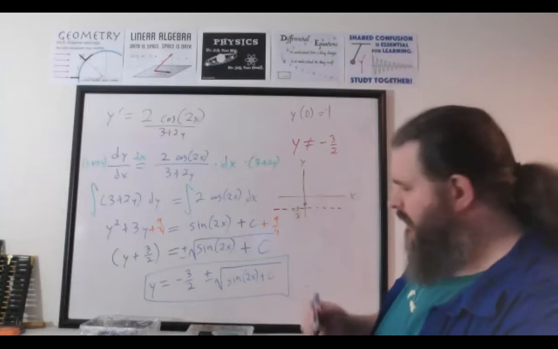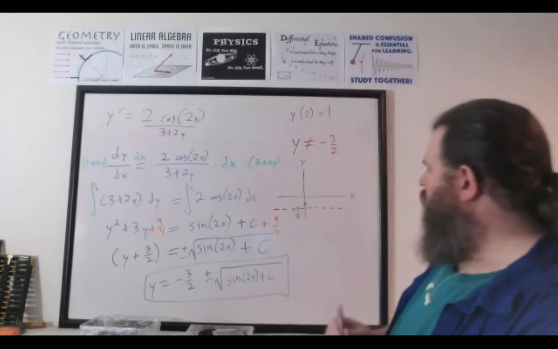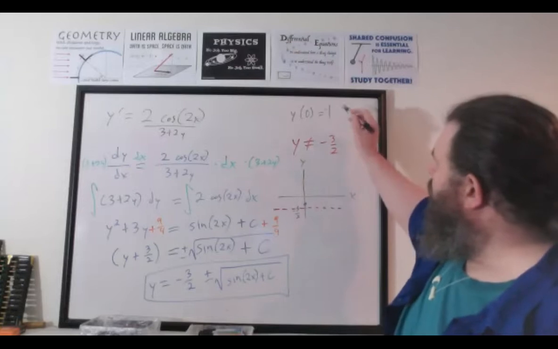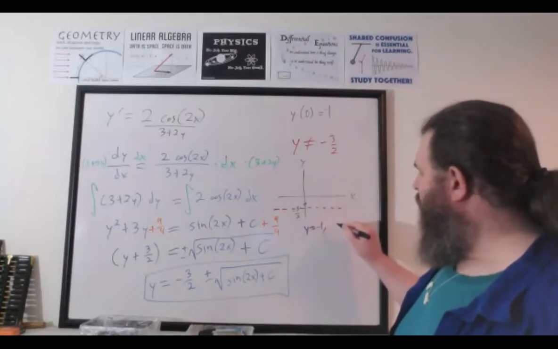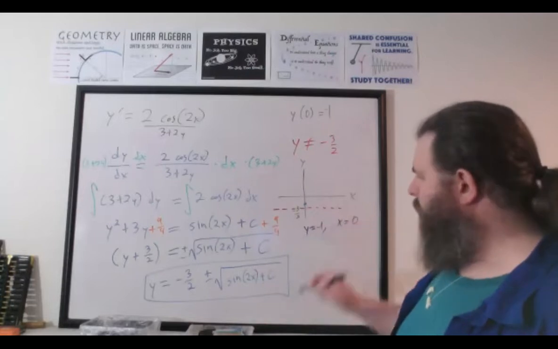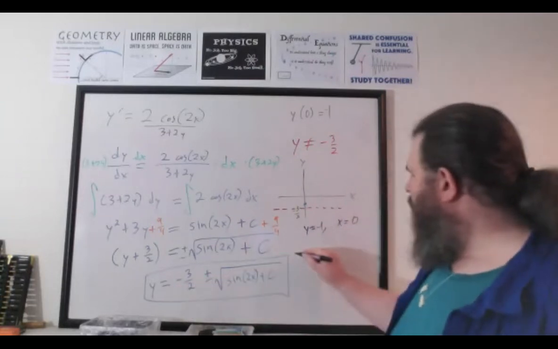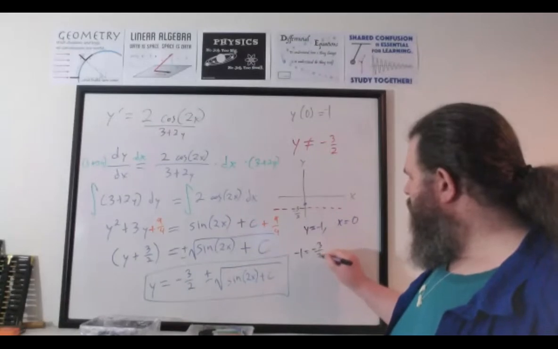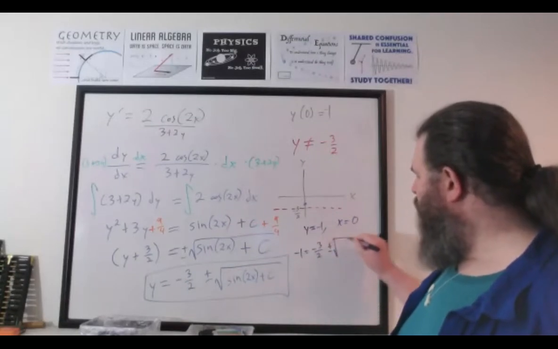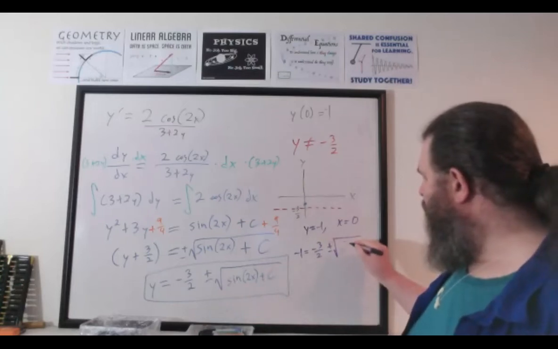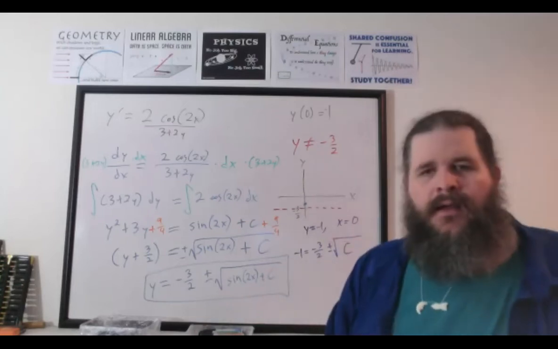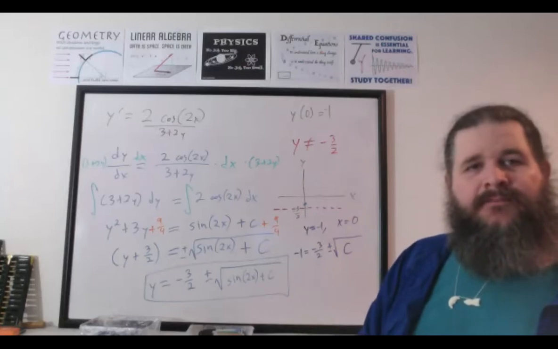If we actually fill that in, we replace y with -1 and replace x with 0. So we fill in -1 for y: -3/2 plus or minus square root of, and then sine of 0 is just 0, so we just get 0 plus c. And then we could solve that for c.